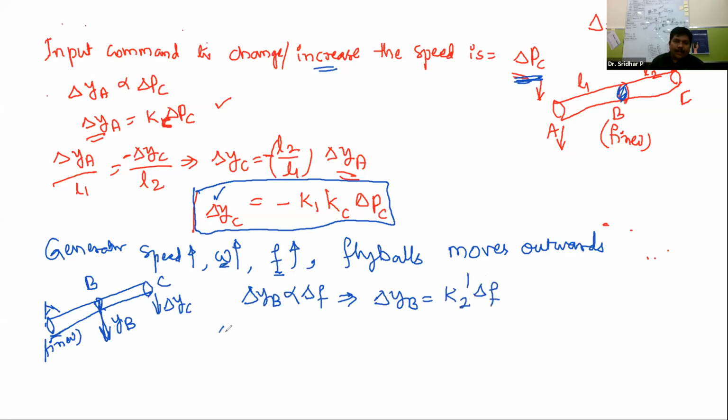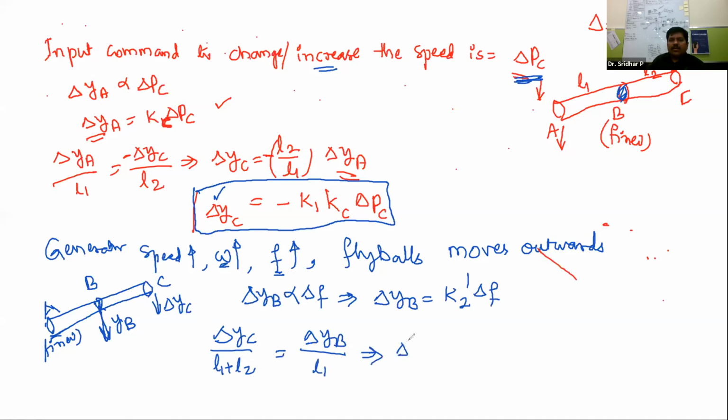Next, I want to develop the relation between the movements of C and B. Delta YC by the perpendicular distance from the fixed point, that is L1 plus L2, is equal to delta YB by the perpendicular distance L1.